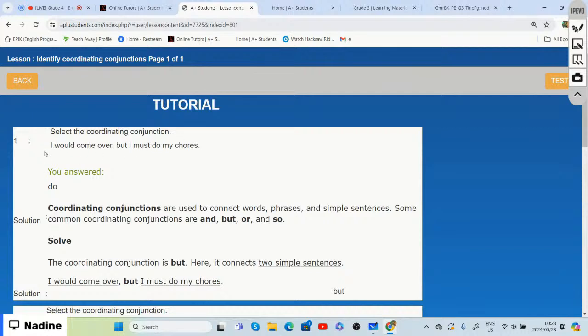If we look at the sentence, "I would come over, but I must do my chores," what is the coordinating conjunction within that sentence?